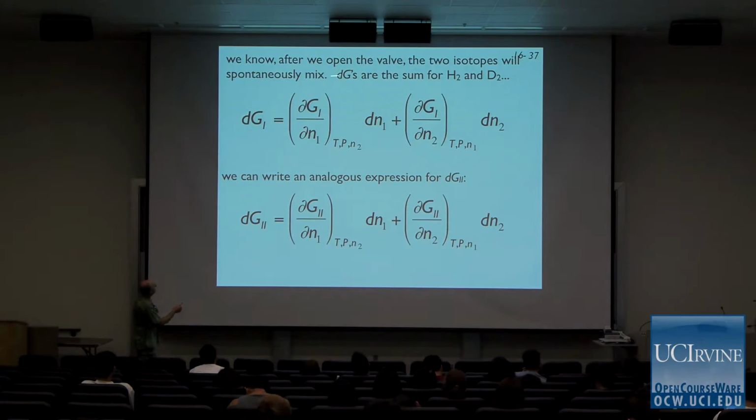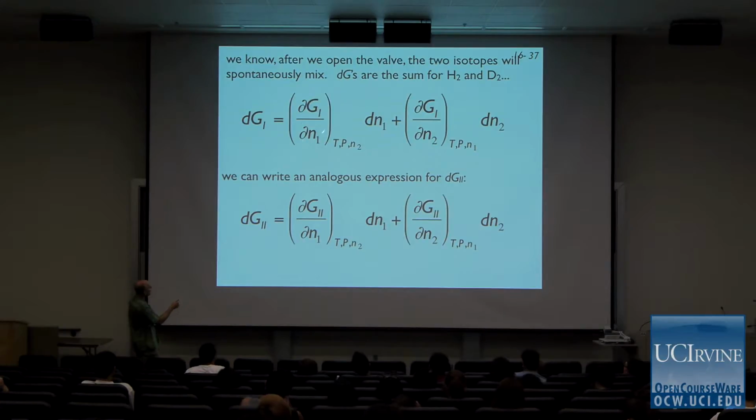Okay, so we know after we open the valve, the two isotopes will spontaneously mix. dG is the sum of H2 and D2. These are expressions for the left side and the right side, the left bulb and the right bulb, container 1 and container 2. In the left bulb, how much is the free energy going to change?